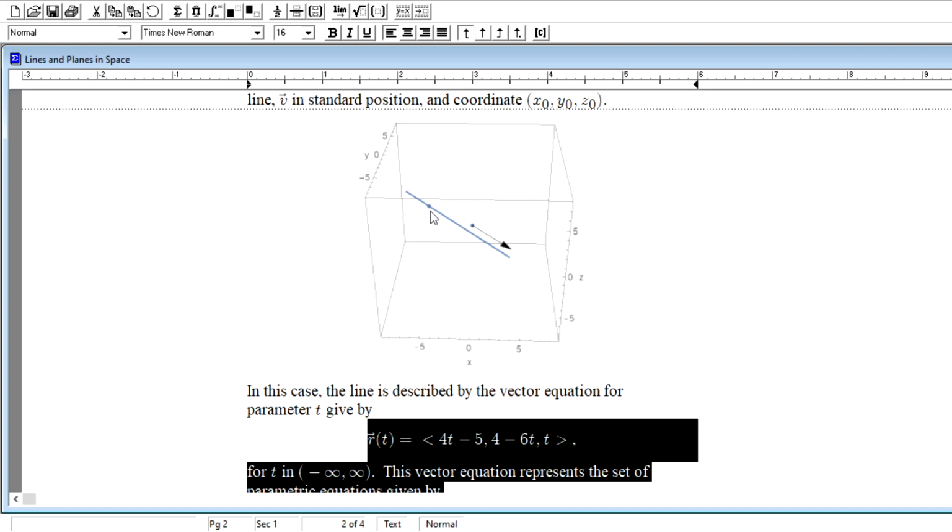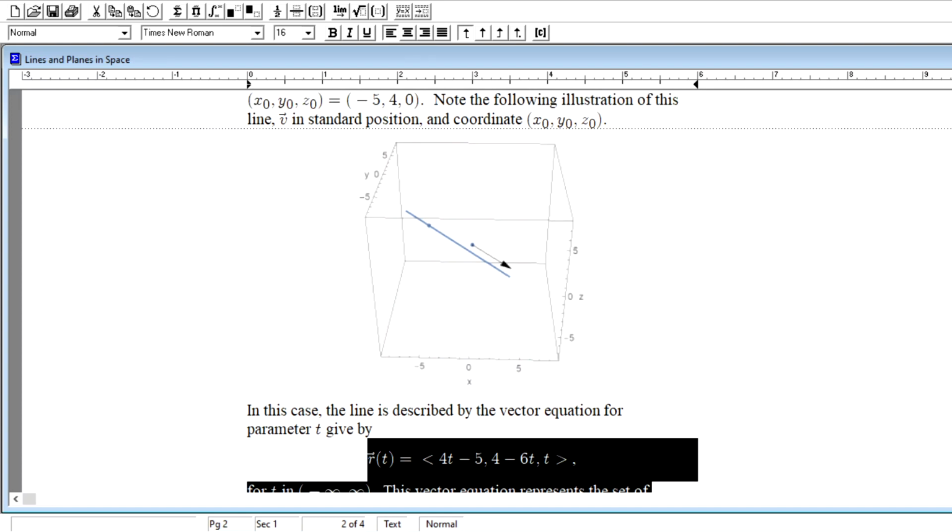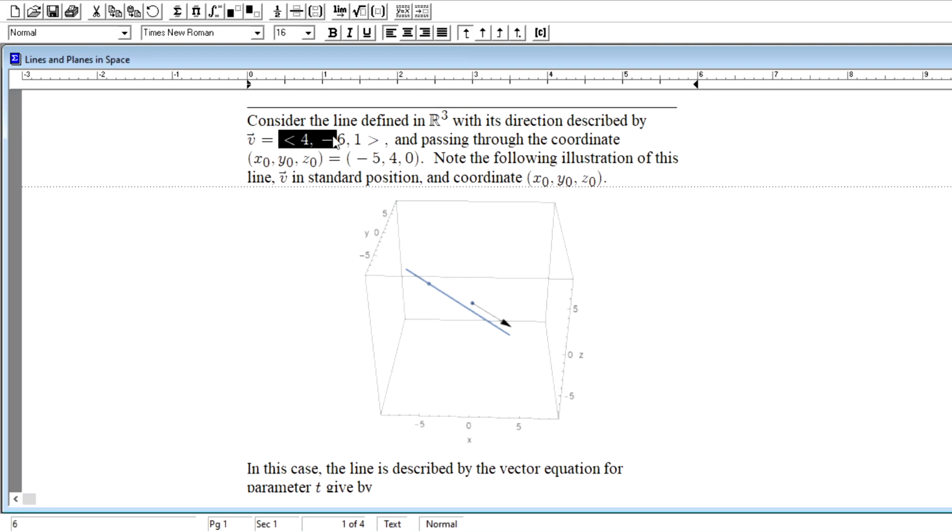When you move off into three-dimensional space, there really is not a clear-cut understanding of slope. Instead, that slope gets translated to the idea of direction. Instead of being described as a rise over a run, it is described as being in a certain direction in that space, where we see a change in x and a change in y with respect to some change in z.